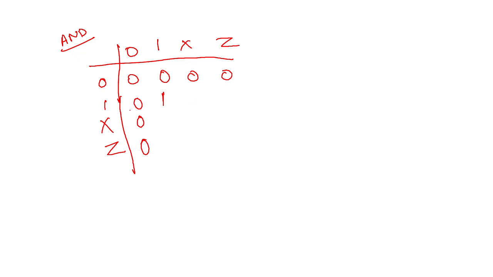Okay, so 1 and x will be what? What will we get if we AND 1 with z and 1 with x?